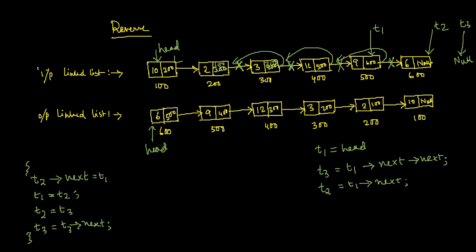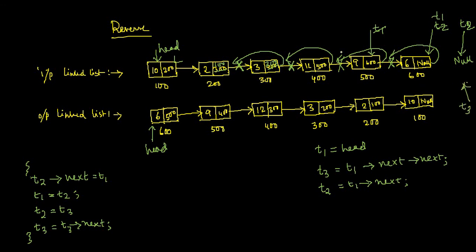This one next will connect with the previous one. Fine. And then what will happen? Again these three statements will execute. Right. So that means T1 will now come here and T2 will come here and T3 will come to another null.